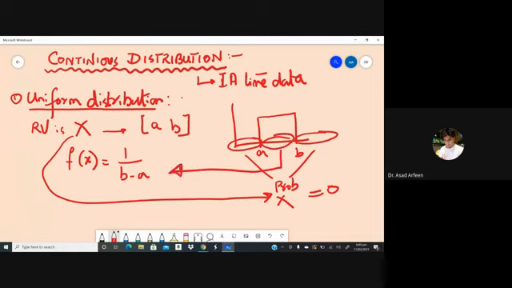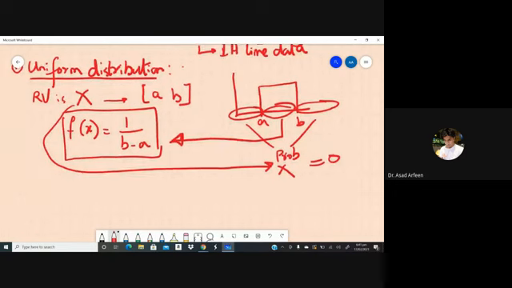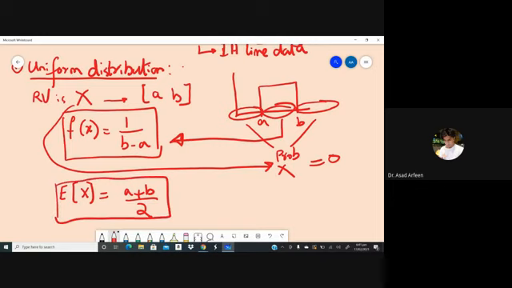This is one of the simplest continuous distributions. You should know the expected value, which you can easily derive: E of x equals a plus b divided by 2. This is the mean value of this random variable. So in any numerical where you are asked for the expected value, it is just the minimum value plus the maximum value divided by 2. Just note it down. So this is the uniform distribution.